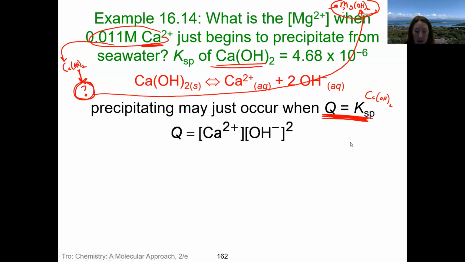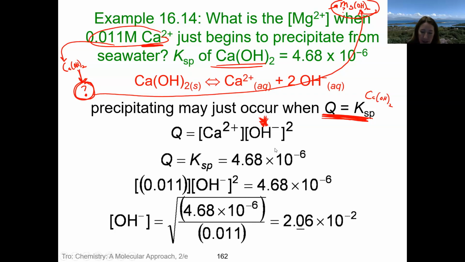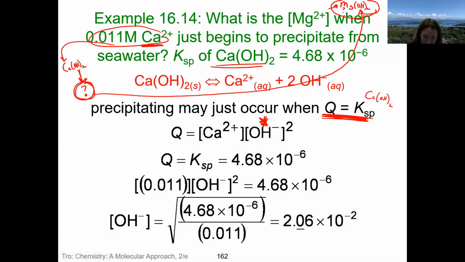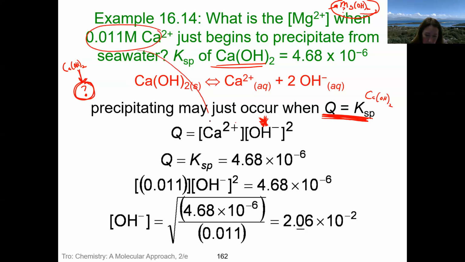So first, we're going to find this hydroxide. Right, here's our KSP, gave that to you. And again, here's our calcium, which went here, and I just plugged that in here. Our KSP, which was here, we just plugged in here. We're solving for our OH, right? So just divide by 0.01, take the square root.